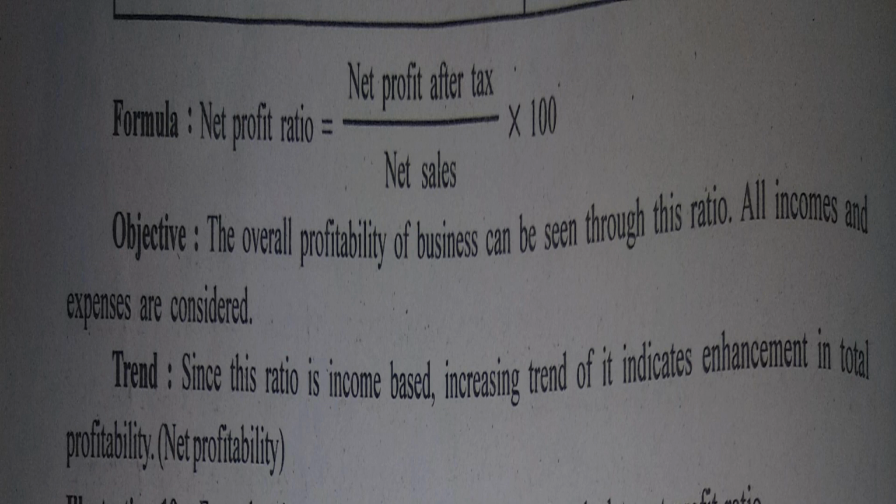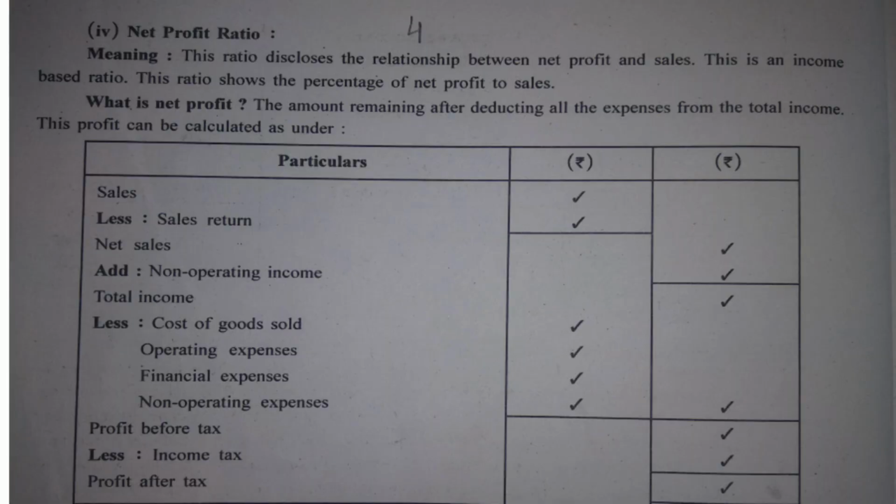Here it is net profit upon net sales into 100. Net profit after tax. What is net sales? Sales minus sales return. There's nothing new in that. The new thing is net profit after tax. So net profit after tax can be obtained with this formula.